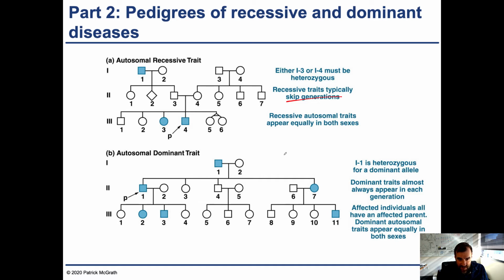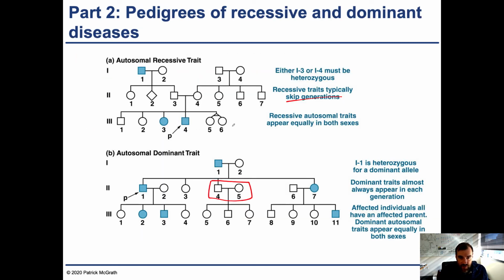You look at this and you notice that each of these individuals has it. Each generation has it. And you'll also notice that as soon as an individual loses it, they are no longer able to pass on that trait.